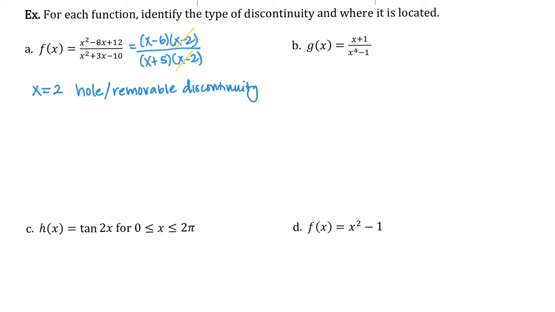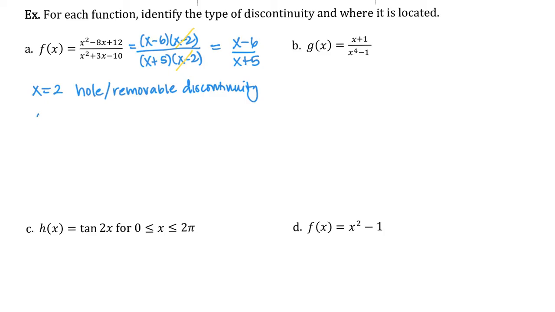Okay, let me go ahead and write this simplified version of this function. It's x minus 6 over x plus 5. And if I notice, there's still another discontinuity because at x equals negative 5, where the denominator will become 0, there's going to be an infinite discontinuity, which is an asymptote.